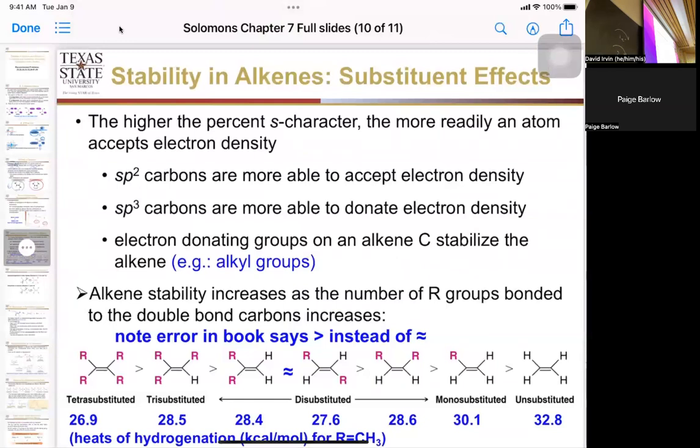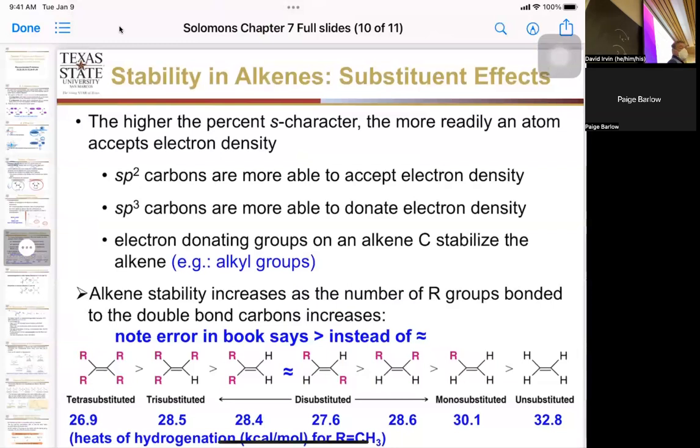Which means electron donating groups can stabilize alkenes through that inductive effect. We already have done that inductive effect in acid base and in stability of carbocations. So that same inductive effect is playing a role here. What we're thinking of is that the more things attached to our double bond, the more stable.